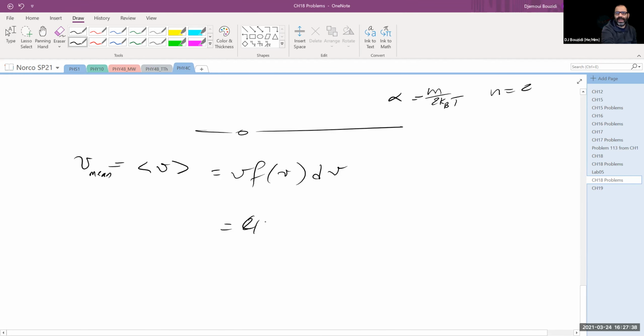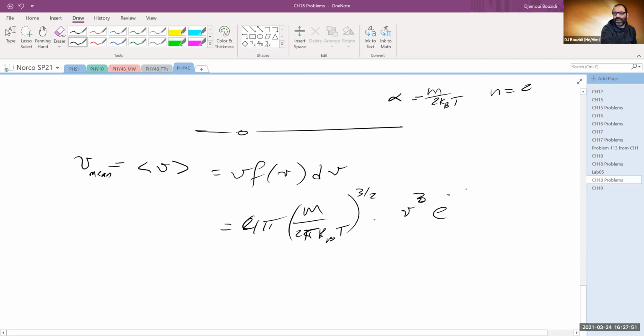So it's going to be 4 pi times m over 2 pi kBT to the power 3/2 times v squared, and v, that's v cubed actually, times exponential of minus mv squared over 2 kBT times dv. So this is the expression. So the integral from 0 to infinity.